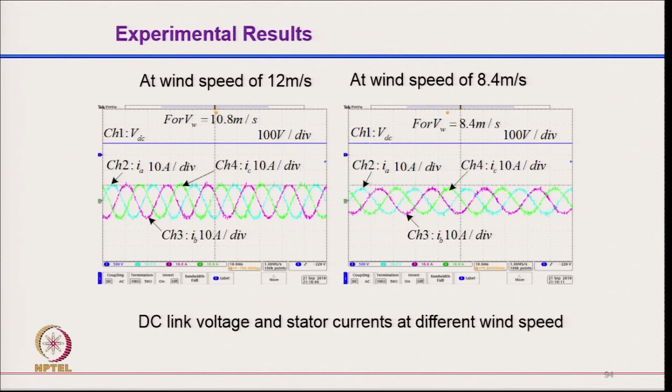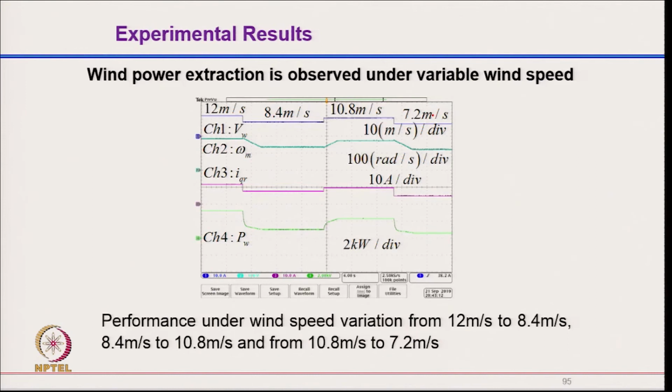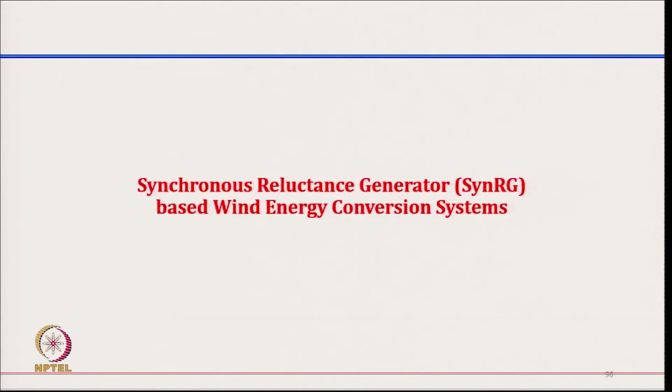Here again the DC link voltage and the inverter current for 3 phases for 2 different speed variations, and then the power of the wind generator, the reference current, wind speed, and estimated speed varying. So, that is the effect of dynamics.